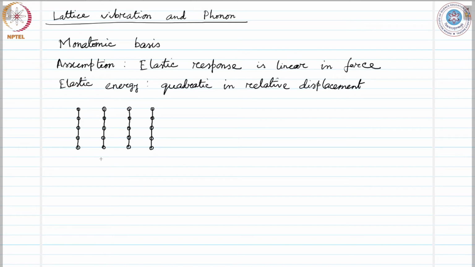We mark this plane with S. This is S plus 1, this is S plus 2 and so on. This would be S minus 1 and so on this side as well. So these are instantaneous positions of the planes.